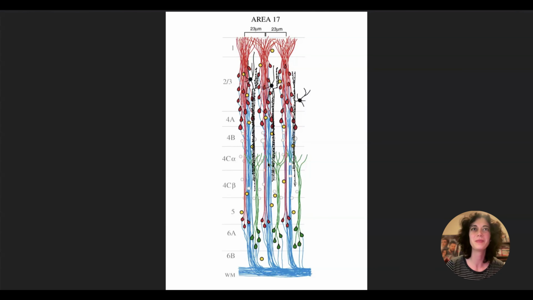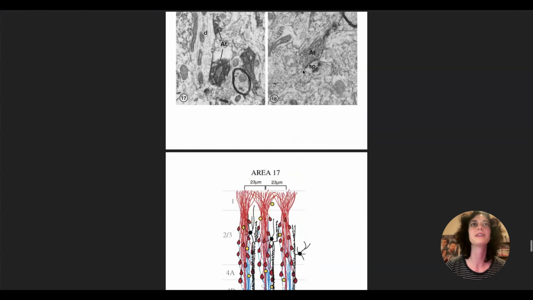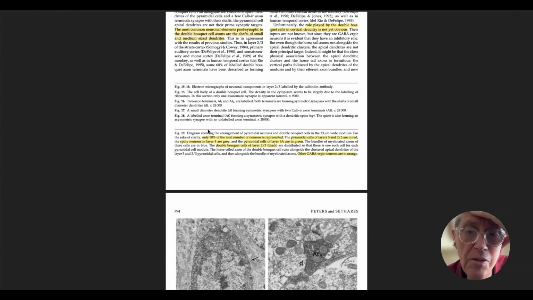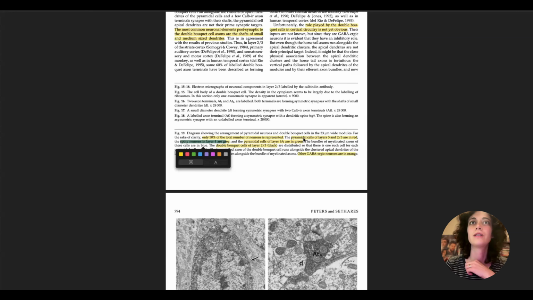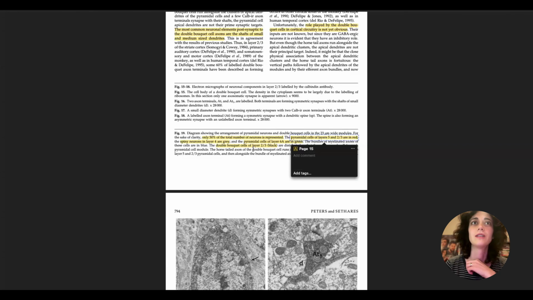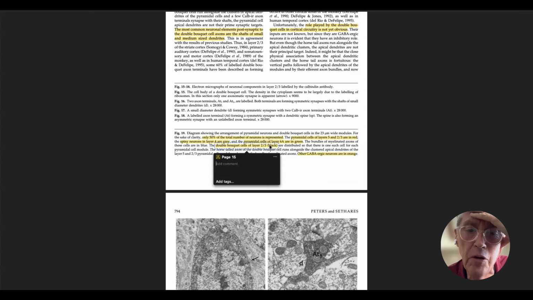Right, and which are the yellow ones? Are the yellow ones the bouquet cells? Unfortunately, the figure caption is far away from the figure. I think it was the yellow ones. Yeah, so spiny neurons in layer 4 are green, pyramidal cells are red. Pyramidals are green, spiny are gray. Double bouquet cells are black in 2, 3.